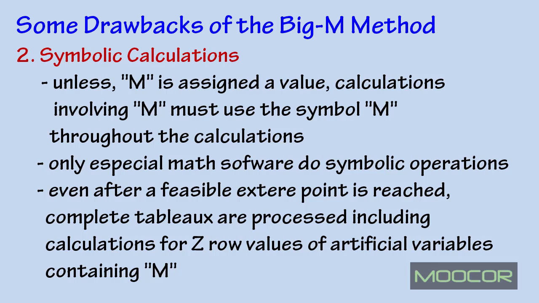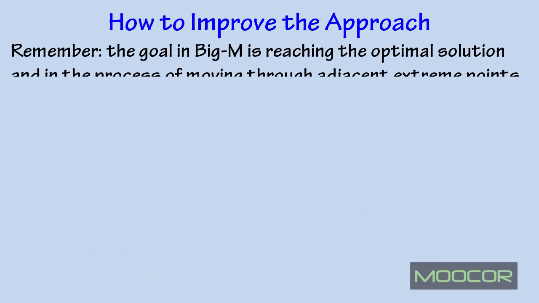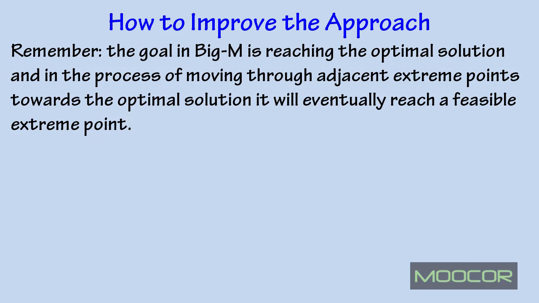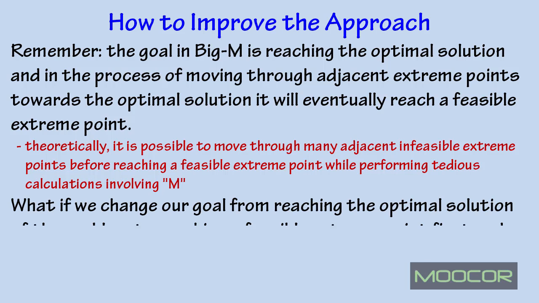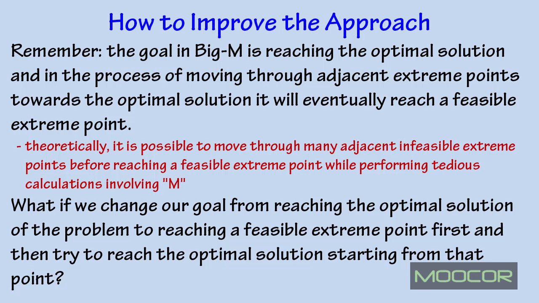Now remember that in Big M, reaching the optimal solution is our goal, and in this process we theoretically may go through as many adjacent infeasible extreme points until we get to the optimal solution. What if we change our goal from reaching the optimal solution of the problem to reaching a feasible solution first?